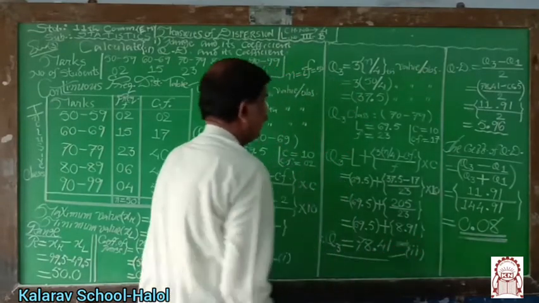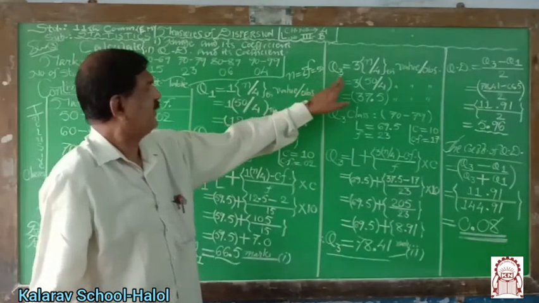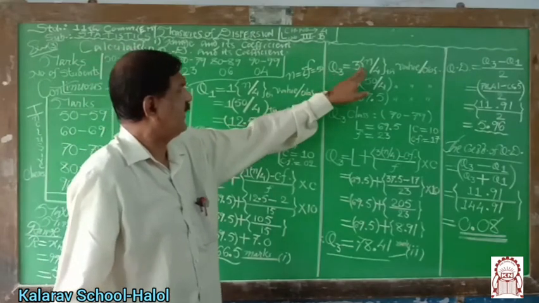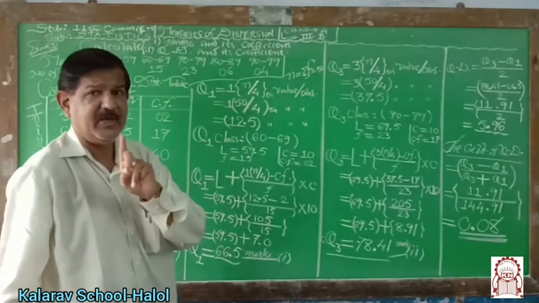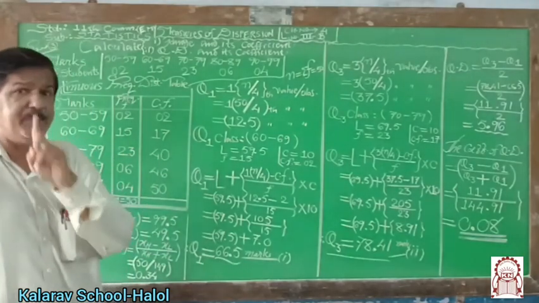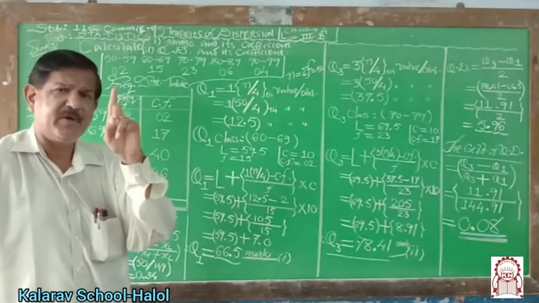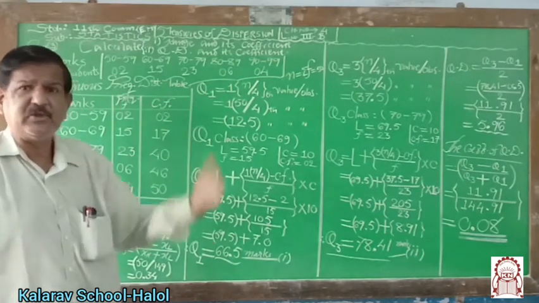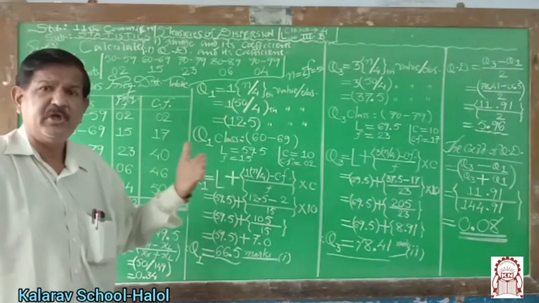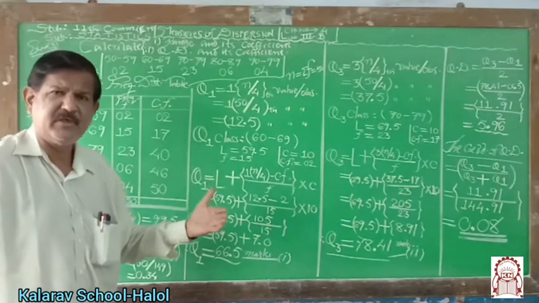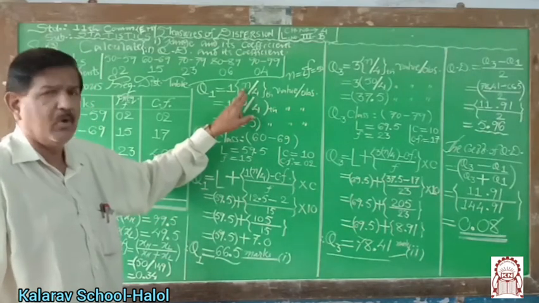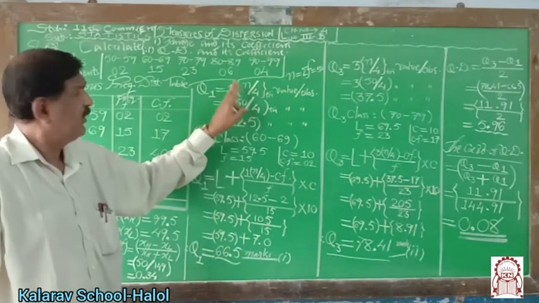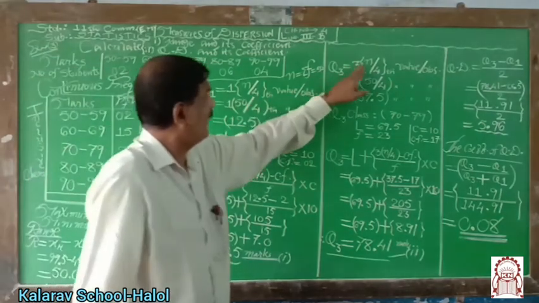Similarly, compute Q3. Outside the bracket there is 3, inside the bracket n upon 4. Once again, if it is ungrouped data or a discrete frequency distribution, there is n plus 1; but as soon as we are given a continuous type frequency distribution, there is only n. 3 times n upon 4.